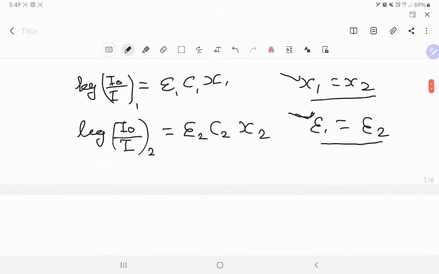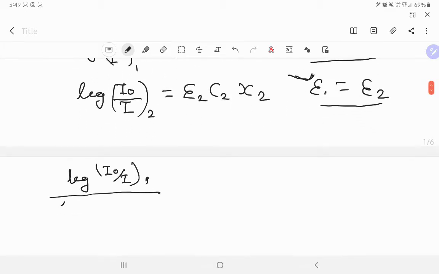Then take simple ratio of these two. Log of I0 upon I for first solution divided by log of I0 upon I for second solution is equal to C1 upon C2. Epsilon 1, epsilon 2 get cancelled, x1, x2 get cancelled because they are same.